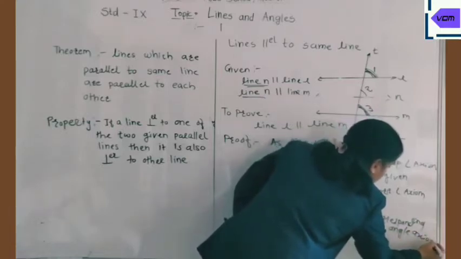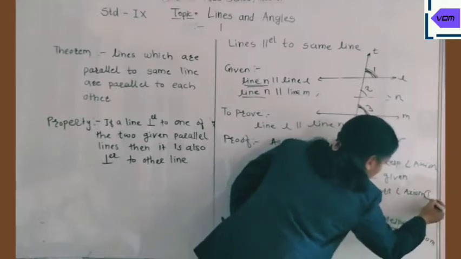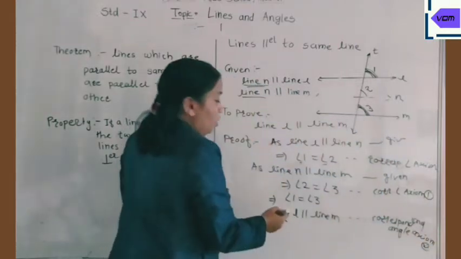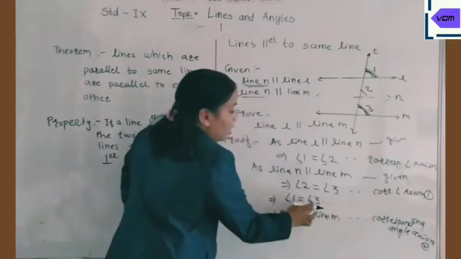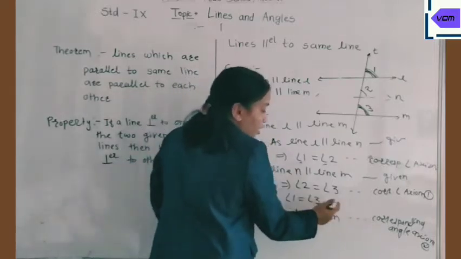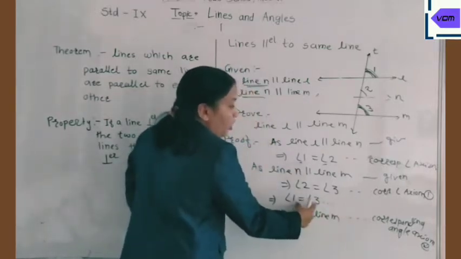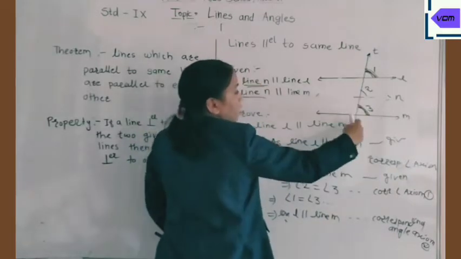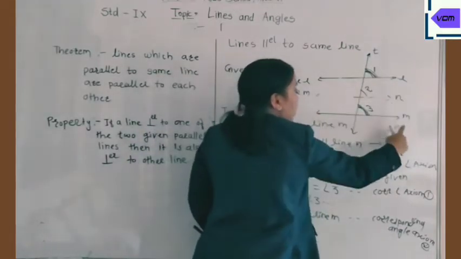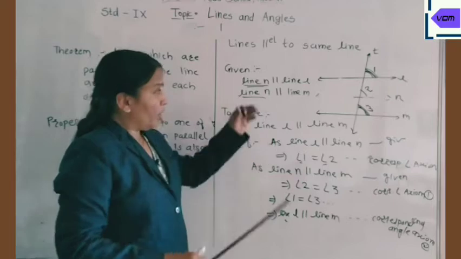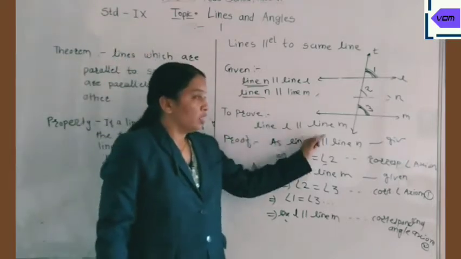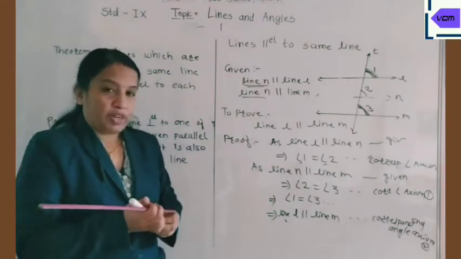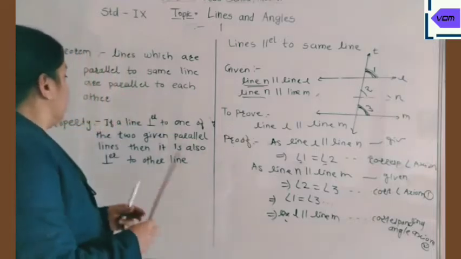As there are two axioms, this is axiom 1 and this one is axiom 2. As these are the corresponding angles, you have to write the reason here: these are the corresponding angles formed by the transversal with lines L and M. This is how you can prove this theorem.